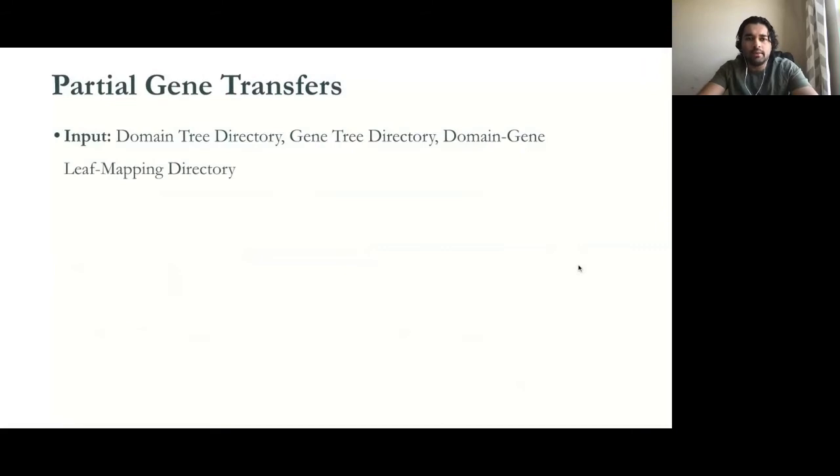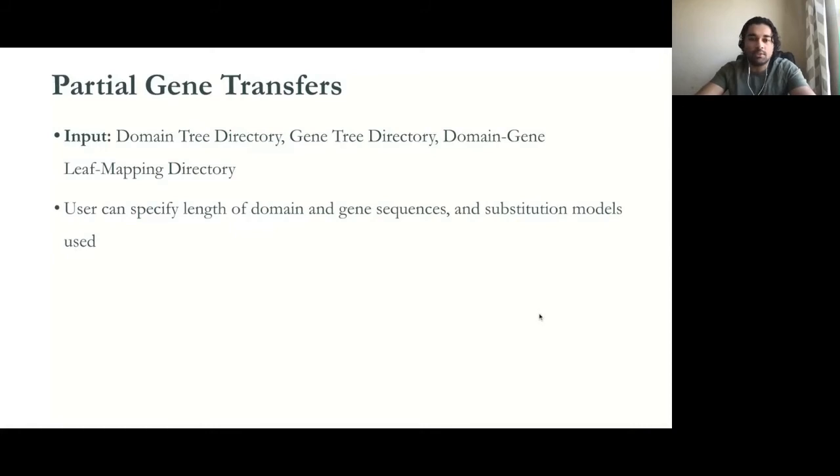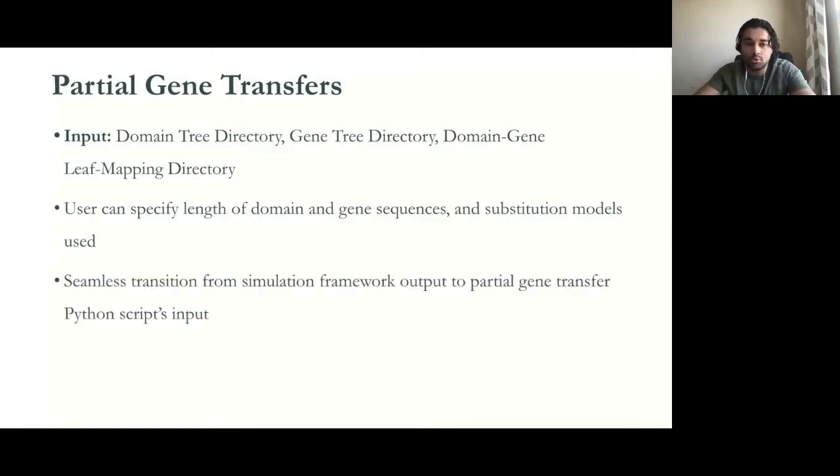And with the partial gene transfer framework, you can provide it with a set of domain trees that you generate and a set of gene trees that you generate. And in addition, the domain to gene leaf mapping, which is generated by the simulation framework. And you can specify the length of the domain and gene sequences and any substitution models that you want to use.